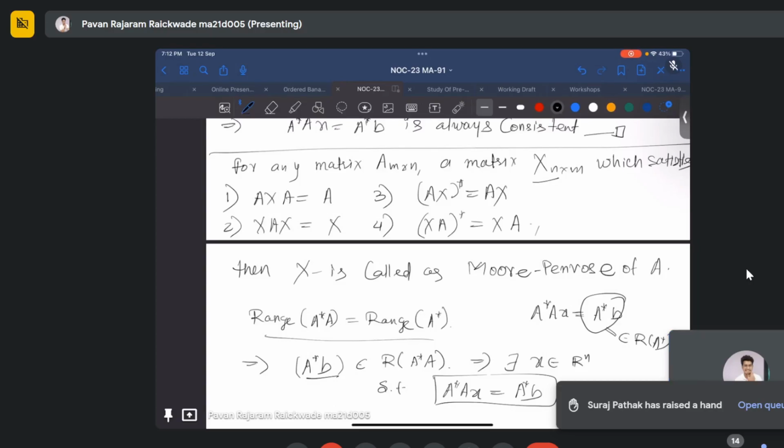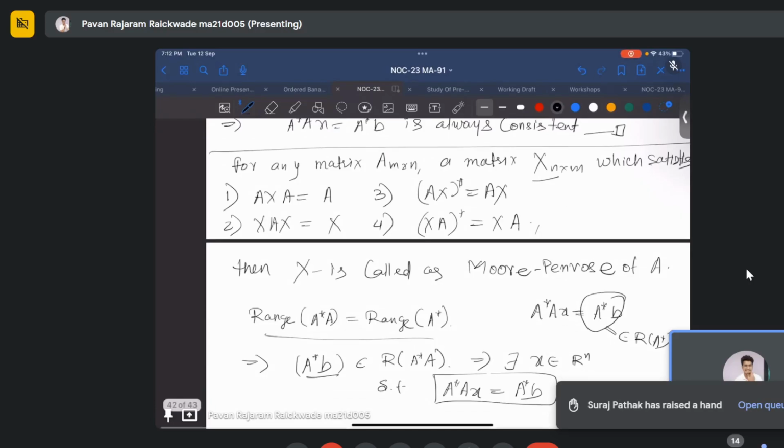In the previous example, B equals 0 1, we take here? No, no, no. B has no role here. These are matrices. See, in the previous example my A was 1 minus 2 2, right? This is a 2 cross 2 matrix, hence m and n are the same. So my X was 1 by 10 times 1 minus 2 minus 1 2.